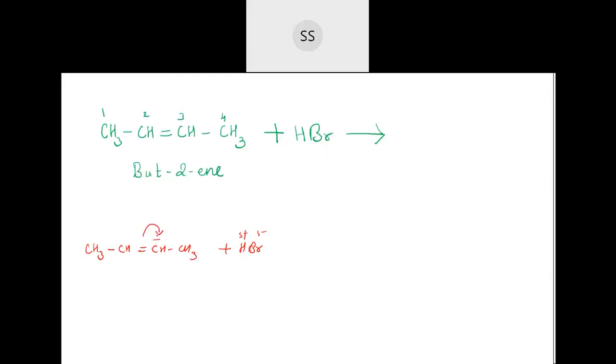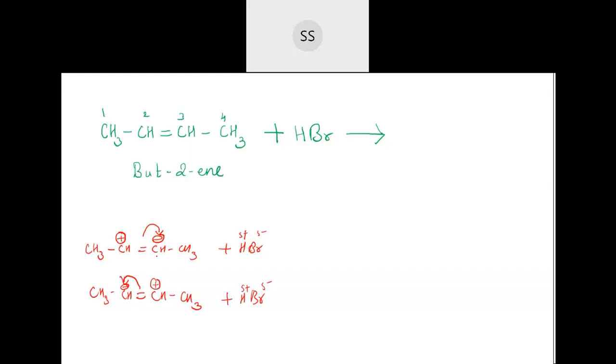I will take this pi bond towards this carbon and I will make this carbon positive. One more possibility is I can shift this bond over here on this carbon making it negative. Okay. Then this carbon will develop a positive charge giving you CH3 plus. To that I am adding HBr. Okay. Br is negative and hydrogen is positive.